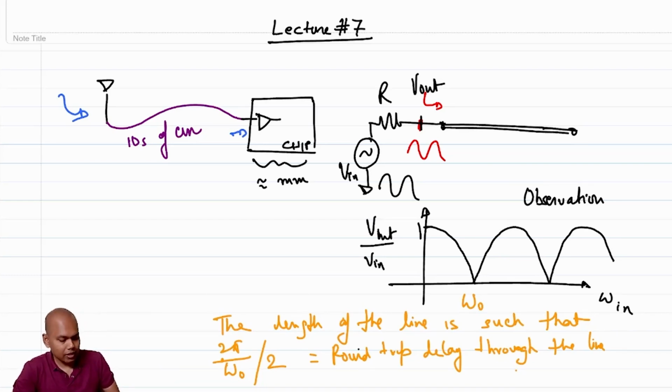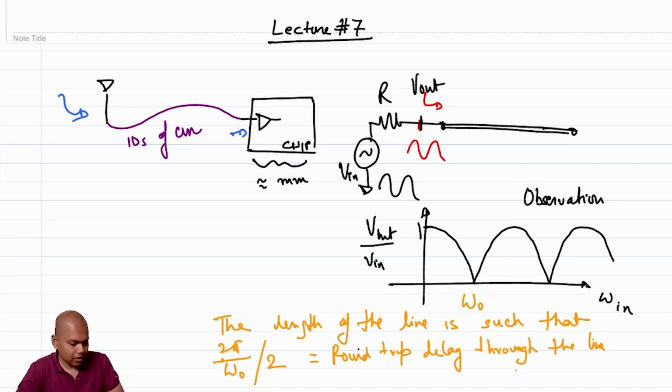Similarly, it should now be intuitive to understand that the round trip delay need not be equal to only half the time period. It can as well be 3/2 of the time period, 5/2 time period, and so on, and you are going to see these periodic dips, right?